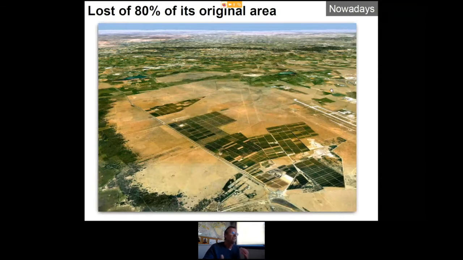We lose some areas because of, as you can see, industrial orchards, some quarries, military areas, and so on.